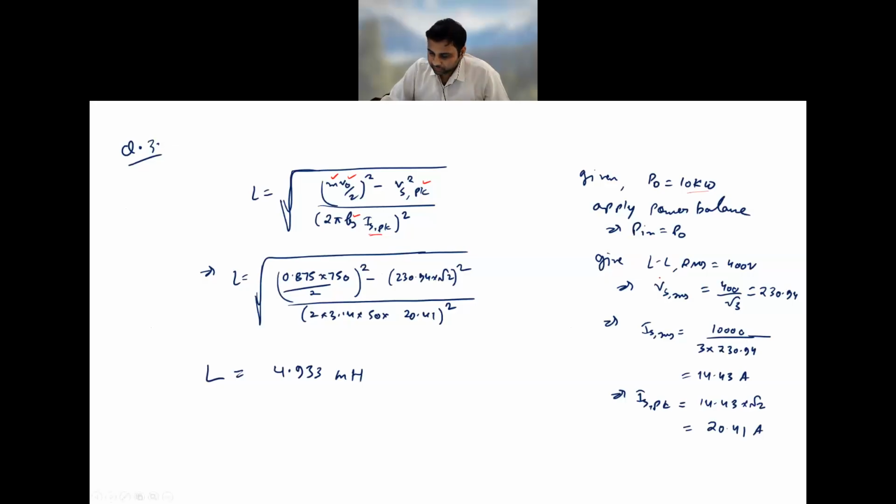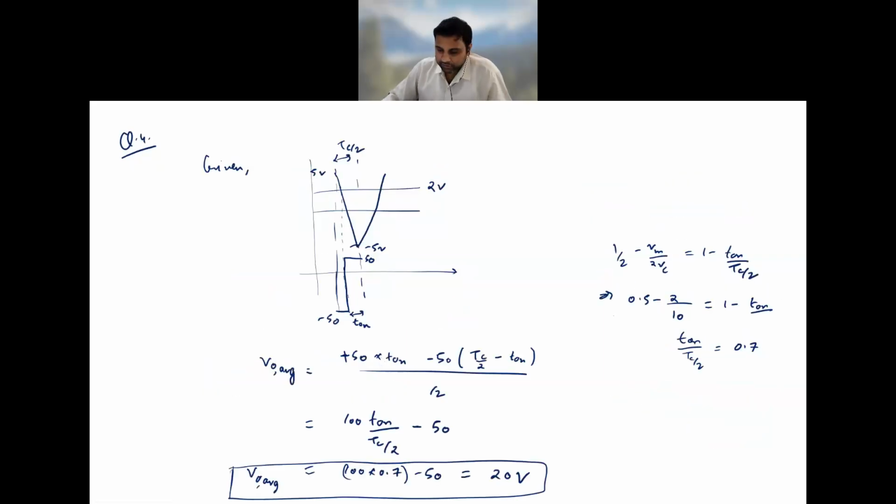So the phase voltage RMS is nothing but 400 by root 3, and then you can calculate the phase current RMS, which is 10k divided by 3 into this thing. That corresponds to Is peak by root 2, so Is peak will be 20.41. When you put this value over here, finally you will get the L value, which is 4.933. That is the correct value, and that is why the range is given as 4.9 to 5 millihenry.